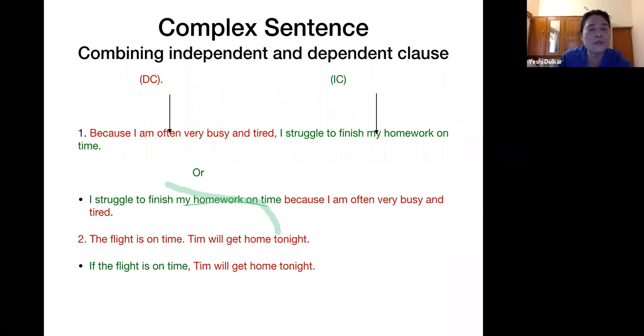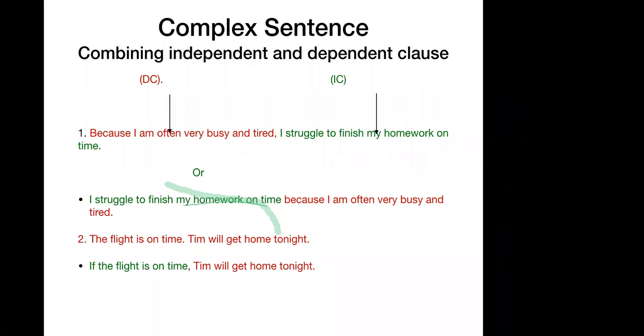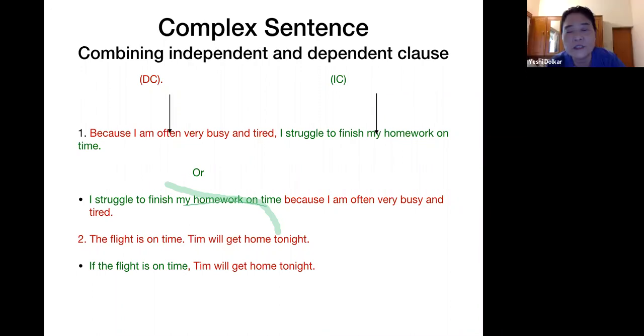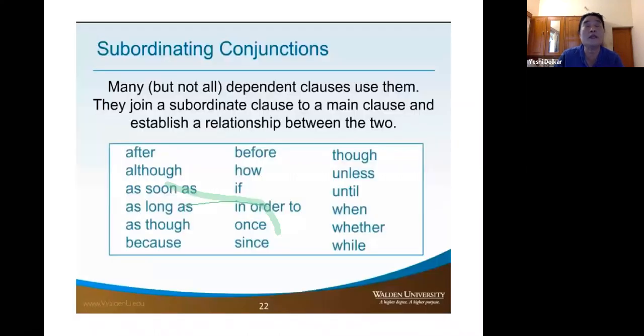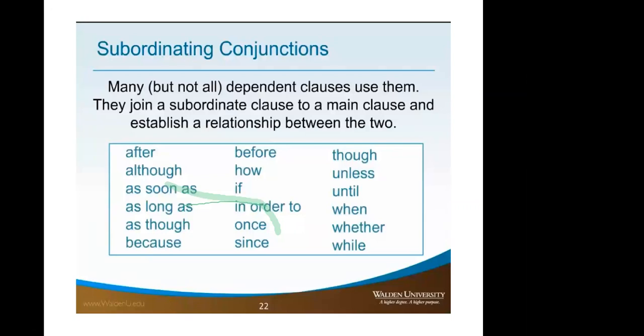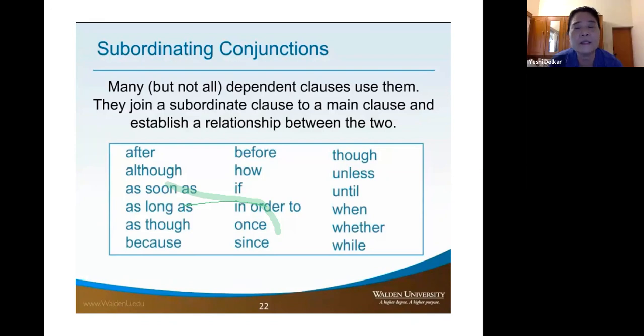The moment you put if there, these are subordinate. Subordinate. Dependent. Okay, so that is why you call them subordinating conjunctions. These words make a dependent clause. All right, they are dependent. Many dependent clauses use them.